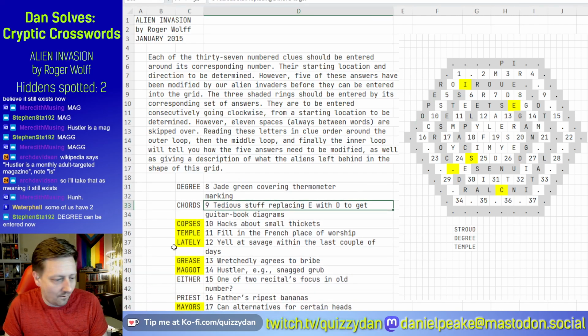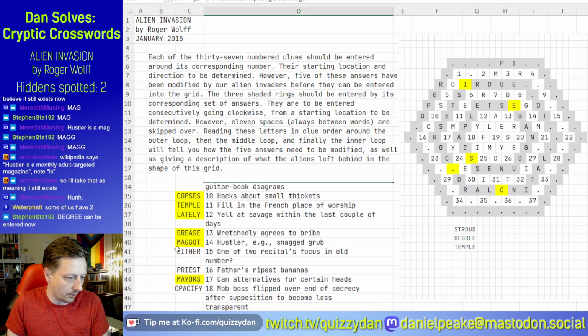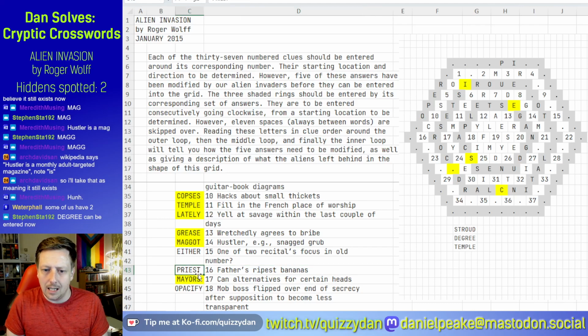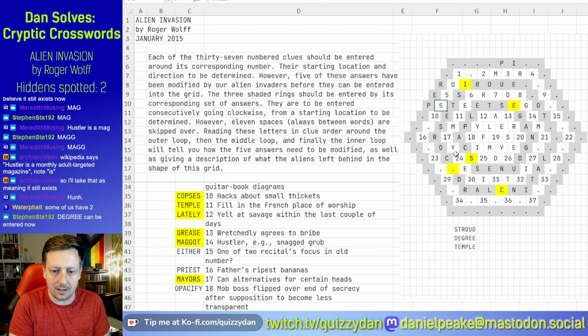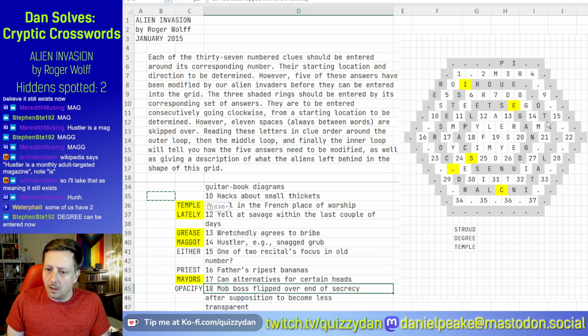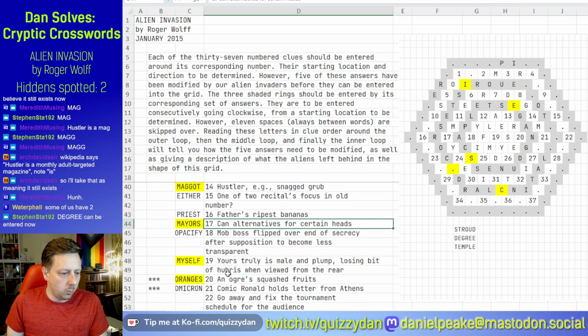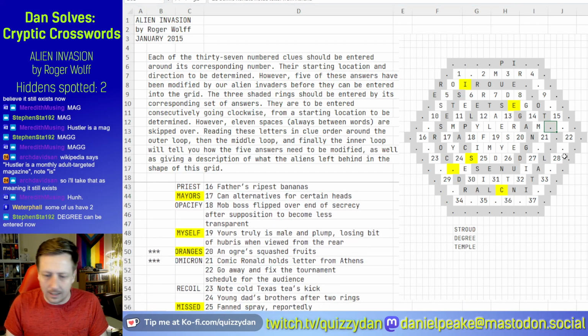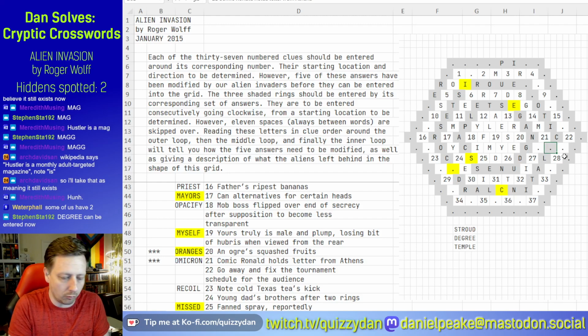So 15. Either. Can't put that one in yet. 16. It's not copses because priest then doesn't fit. So bye. 21 is Omicron, which I can now put in because that becomes Micron.